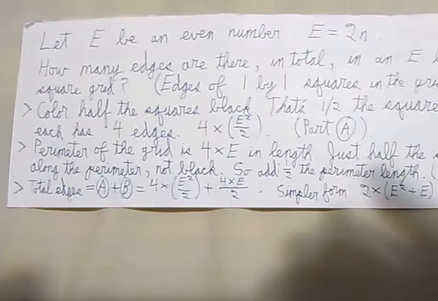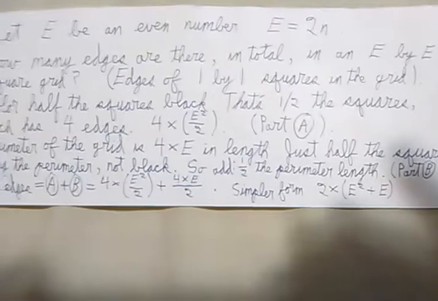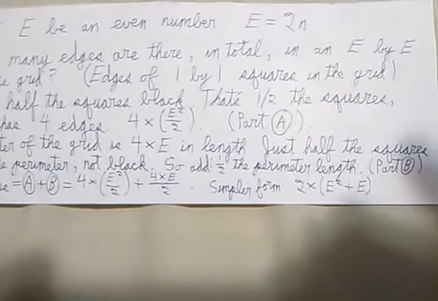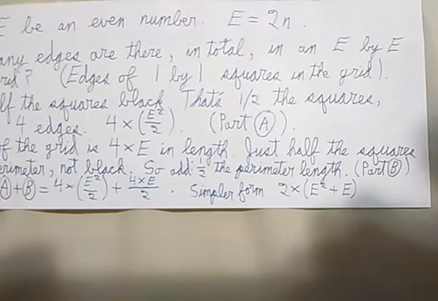The perimeter of the grid is 4 times E in length. Just half the squares along the perimeter aren't black. So add half the perimeter length, and that's our part B subtotal.